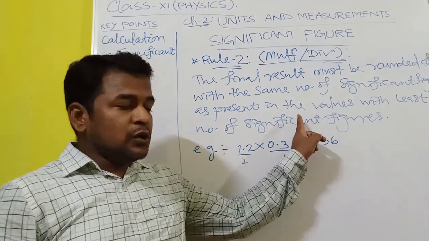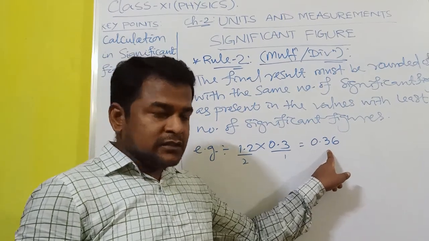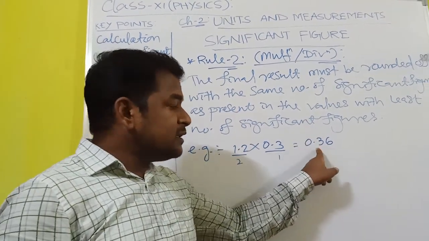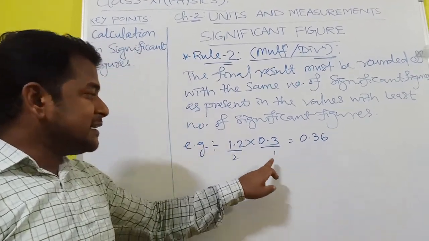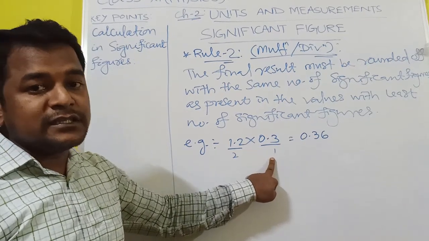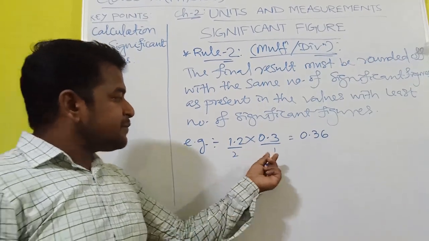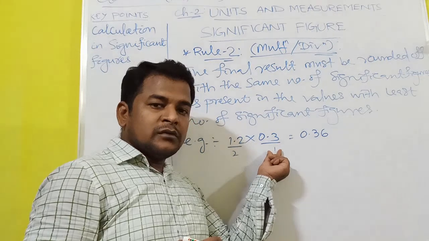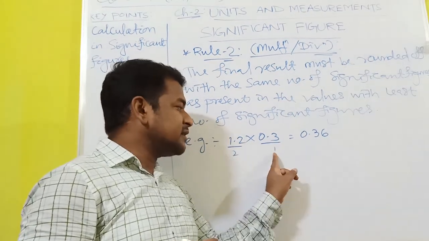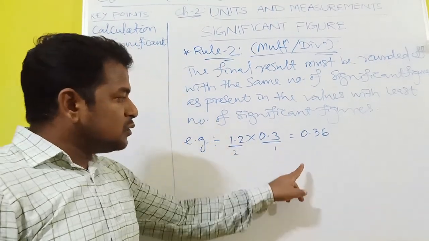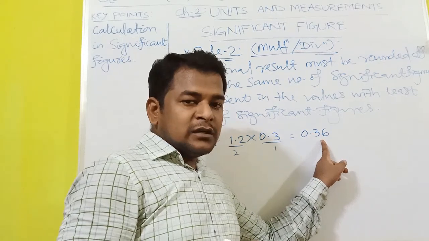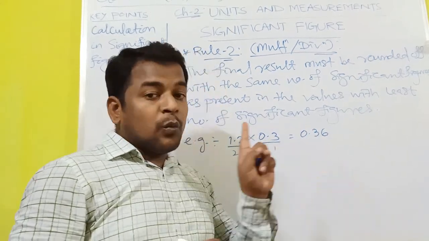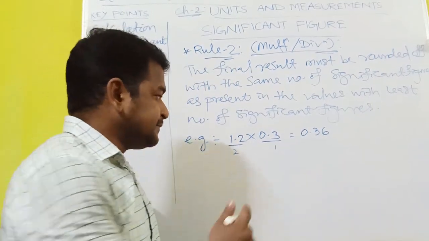As per this rule, the final result must be rounded off to the number of significant figures as in the value with least number of significant figures, that is 1. So this final result must be rounded off to one significant figure.